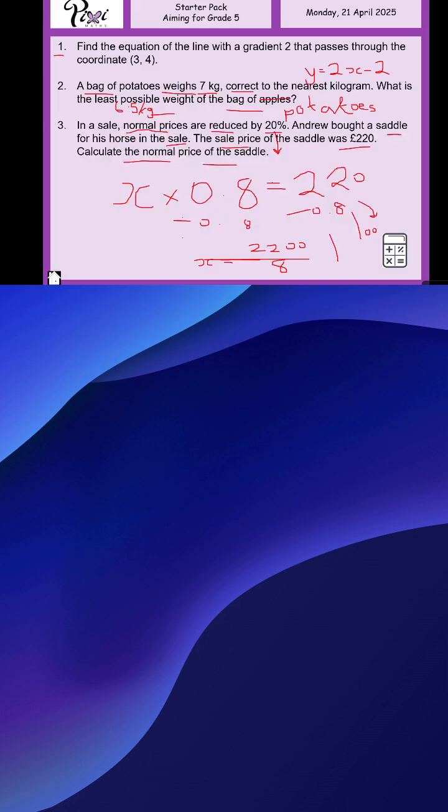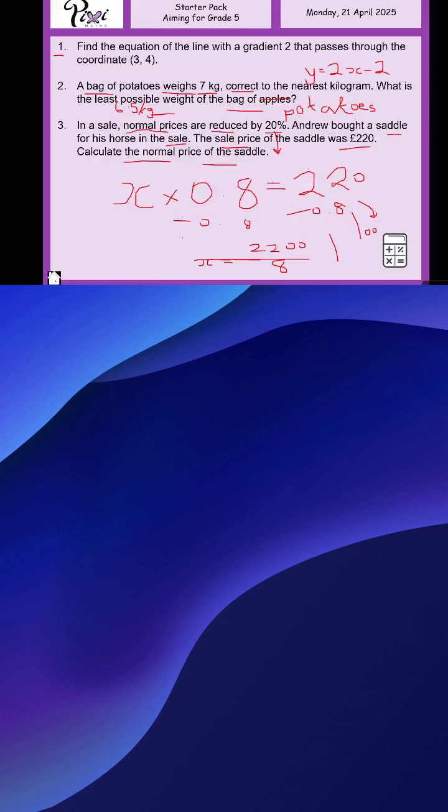Wait, is that right? I'm just double checking. Actually, I'm not going to risk making a mistake, so I'll use the calculator. There we go. 220 divided by 0.8 is 275.